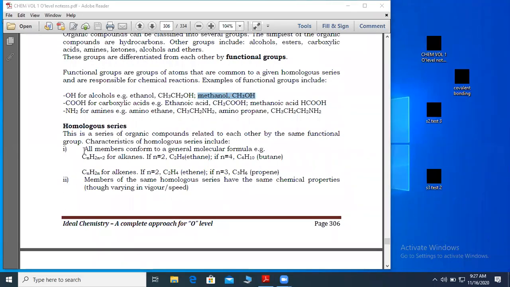Let us also remember something about homologous series. This is a series of organic compounds related to each other by the same functional group. So for a homologous series, you have a group of organic compounds which have the same chemical properties, and they usually have a general formula to which they conform.